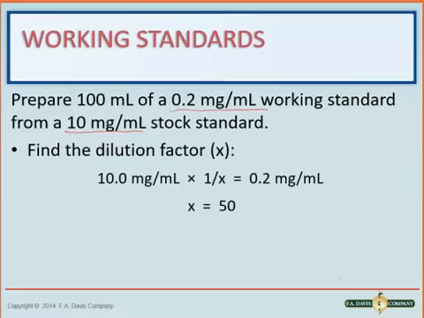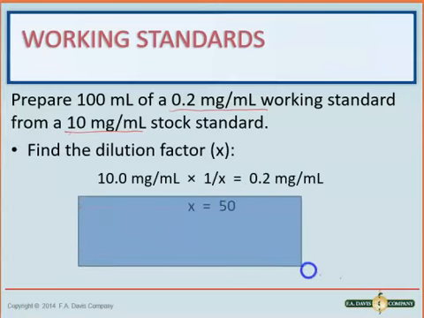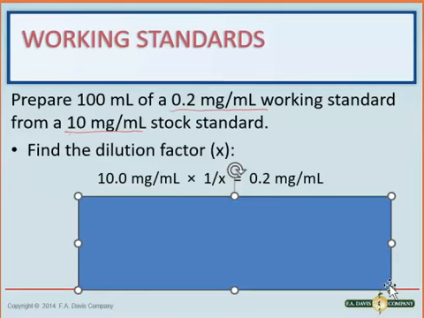That's what we're wanting to get to. So this should look familiar to you. We're going to end up doing some cross multiplication here at the end. So I'm going to actually cover the answer up with a box just so I can write on top of it so I can work my problem out.